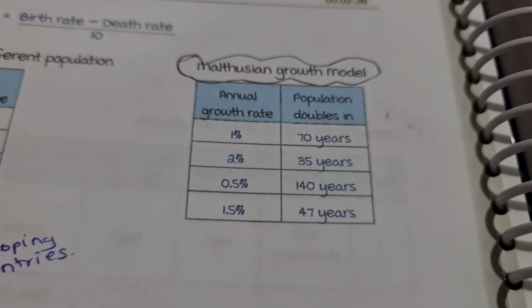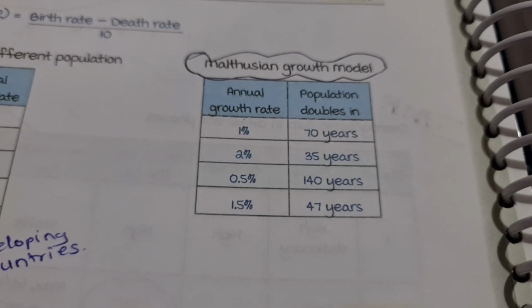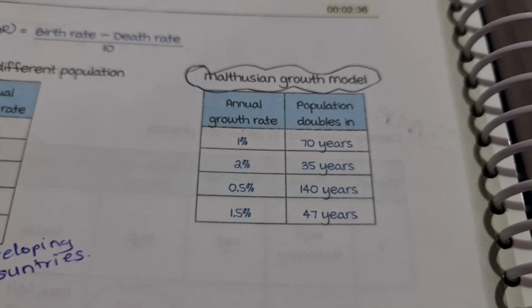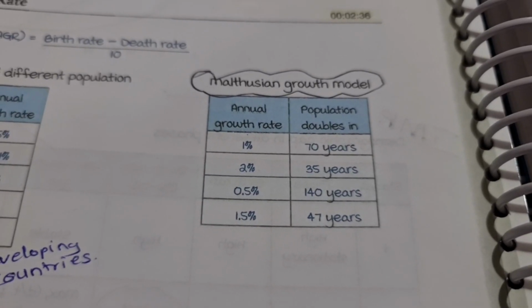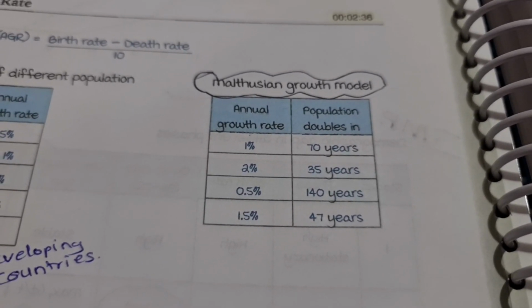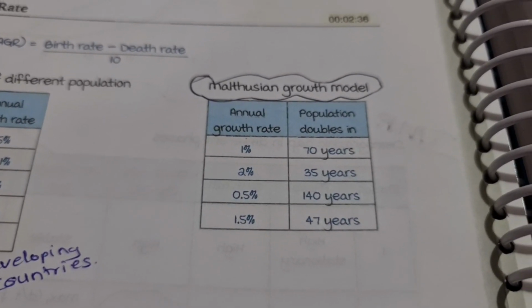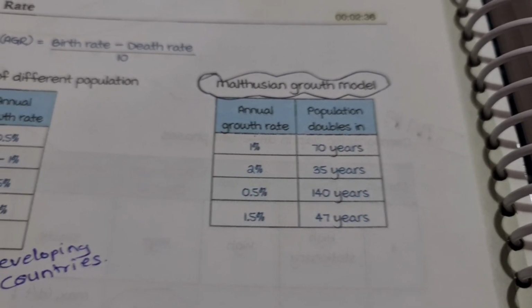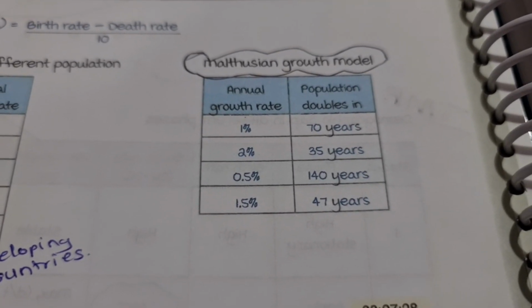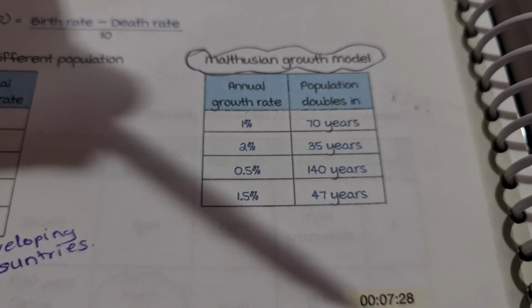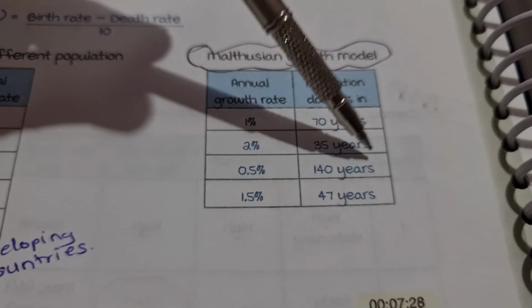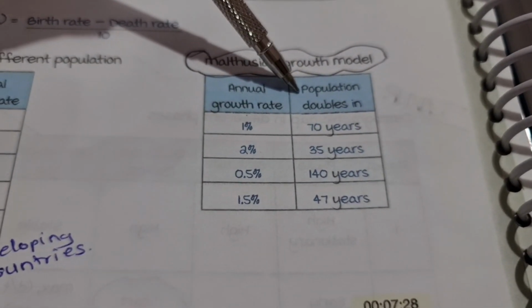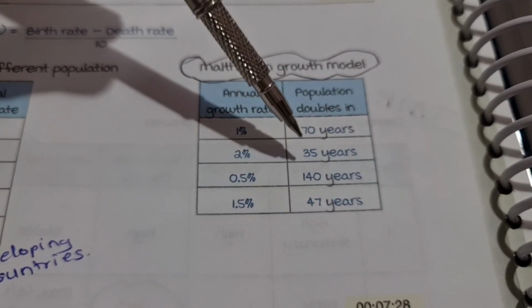Also, there is the Malthusian growth model. It means if there is an annual growth rate of 1%, then this population will take 70 years for doubling the number of the population. Likewise, if we double the annual growth rate, then it will halve the time required for the population to double.